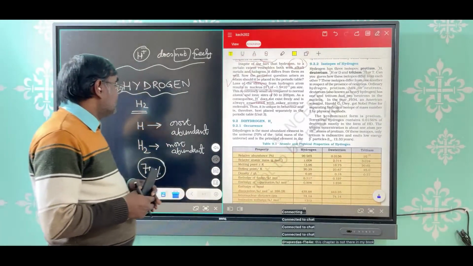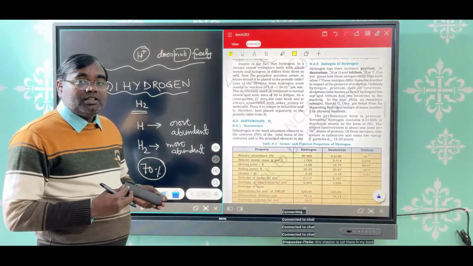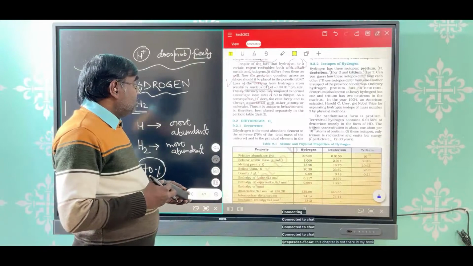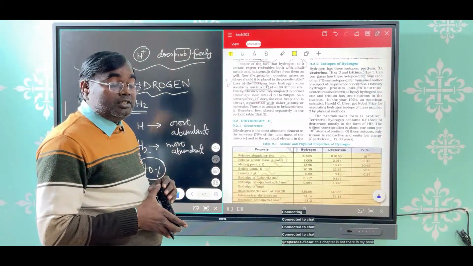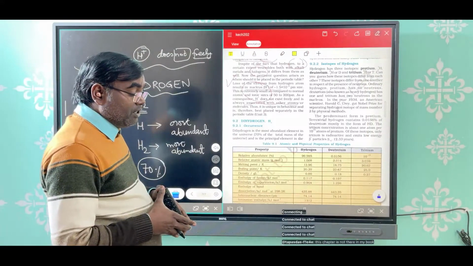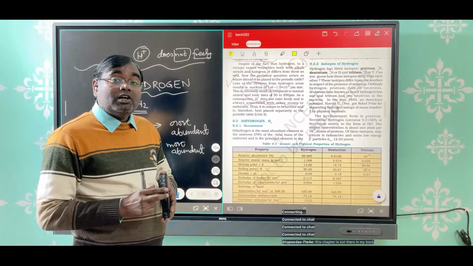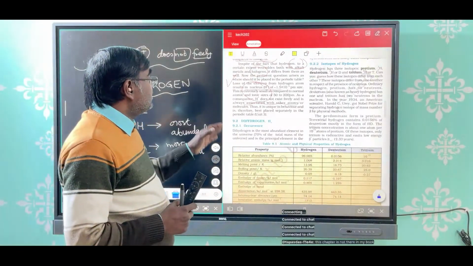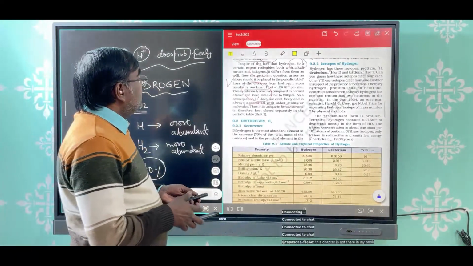So it is abundantly available in the universe. Why not talk about hydrogen? And hydrogen is important in hydrocarbons as well as in organic compounds. That's why I started from this chapter, dear students.